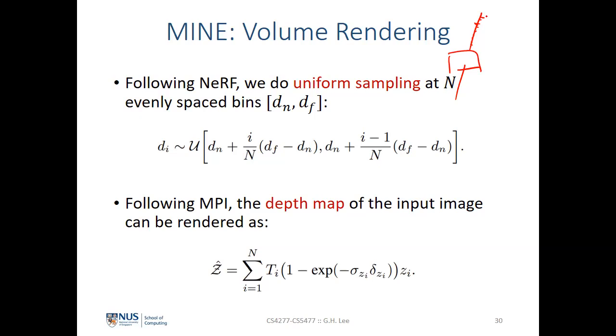It doesn't make sense to sample the empty space. You should be sampling along the light ray close to the surface. But the problem is that when you first initialize the network, it won't give you anything. You don't know where the surfaces are. You only know where the image is. So you don't know where to sample first.